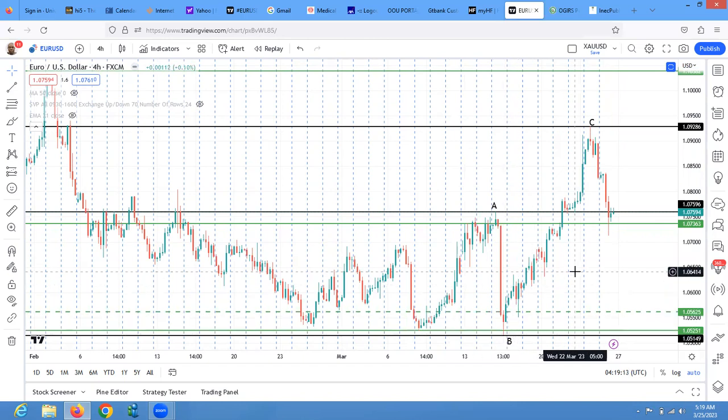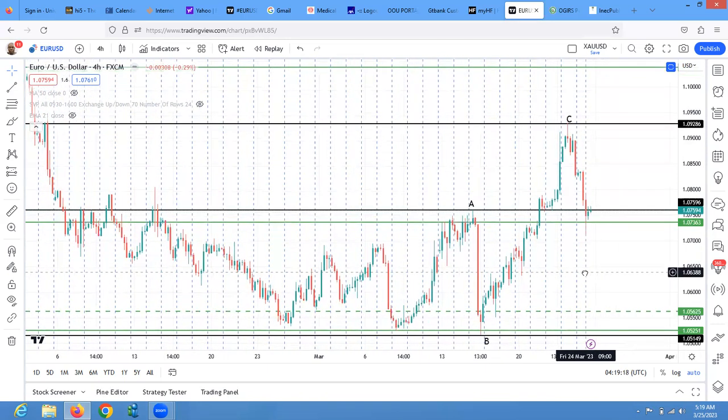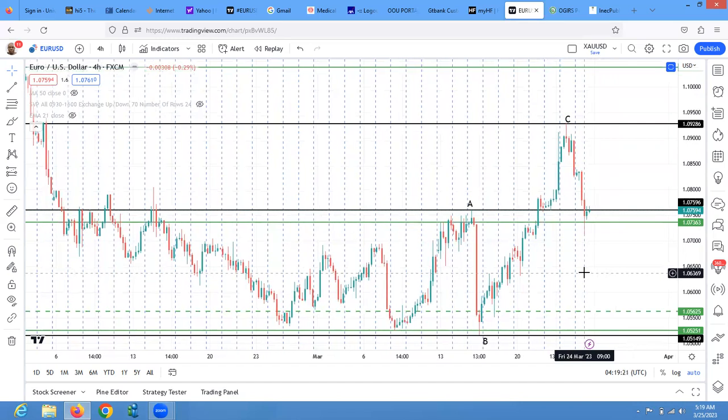So it's the correction and the kind of structure that we are seeing on Euro USD, it's a bit awkward. So in our attempt to try to interpret structure, at times, you have to look at the DXY.